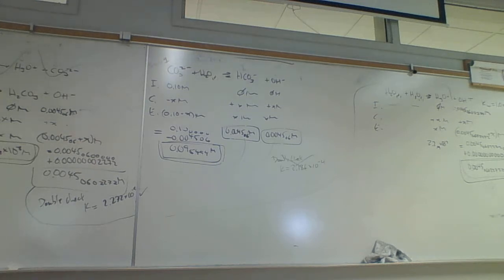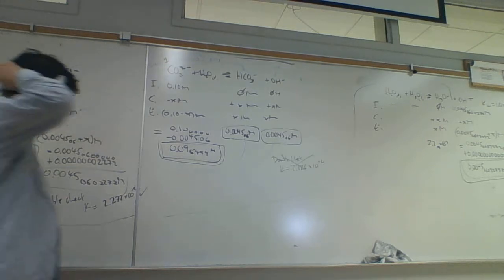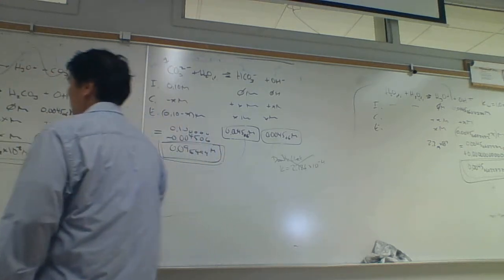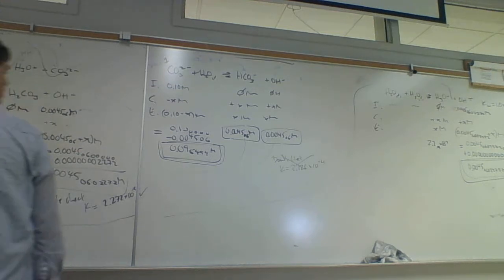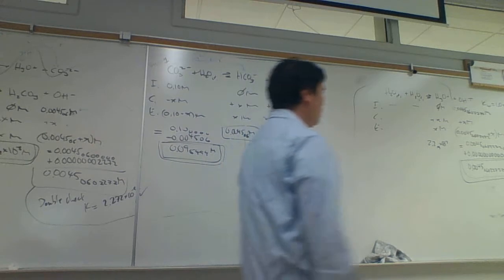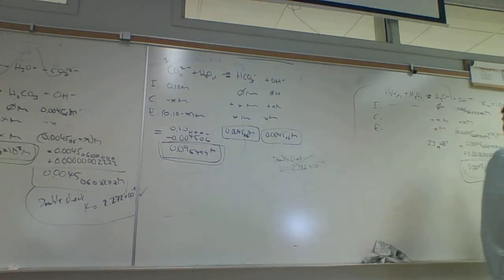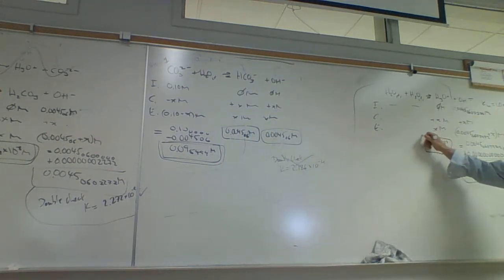If I look at step 2, the K value here is 10 to the minus 8. If step 2 had a bigger K value, like 10 to the minus 2, I would worry about it. But if step 2 has a K value like 10 to the minus 3, 10 to the minus 4, or smaller, then I wouldn't worry about it if I'm only interested in pH. If I'm interested in the inventory, then I have to do everything. So the final inventory is this.